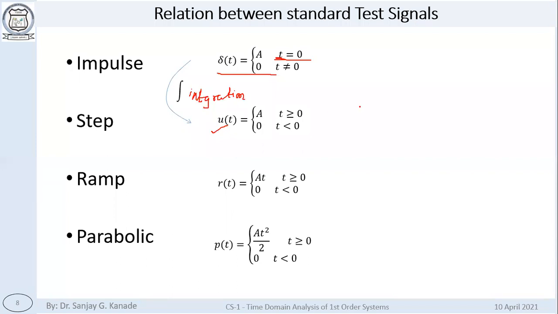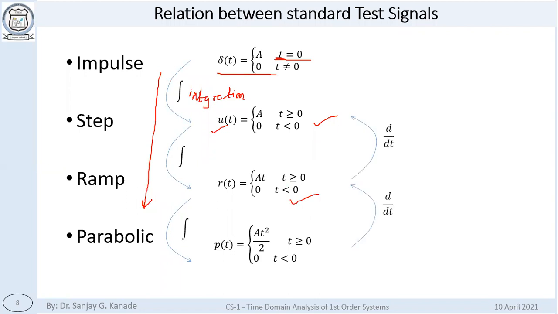You can check. If I integrate this, I should get this. So if integration holds in this direction, then in the reverse direction, obviously it is differentiation. So differentiation of ramp is step.